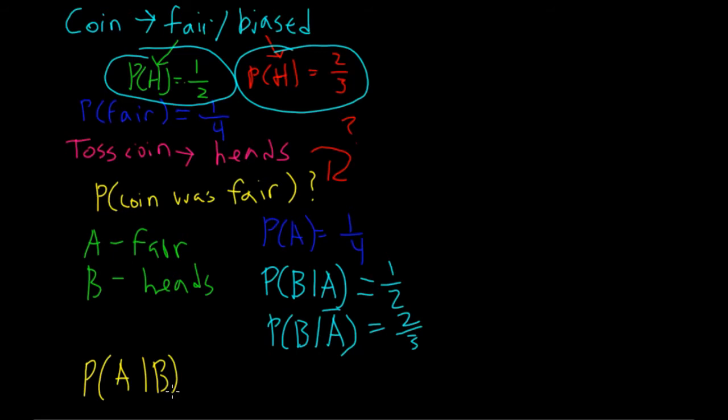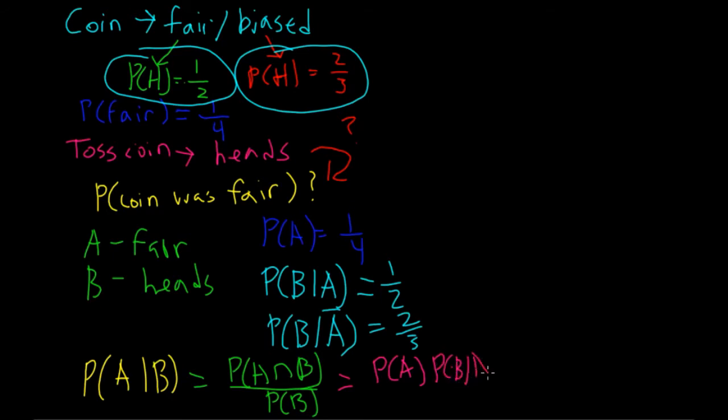This is just a matter of defining the conditional probability as the probability of A and B over the probability of B. Now, notice that A and B are dependent events, right? Because whether we get heads depends on whether it's a fair or biased coin. So this right here can be further split up, using our conditional probability rules we talked about earlier, as the probability of A times the probability of B given A over the probability of B.